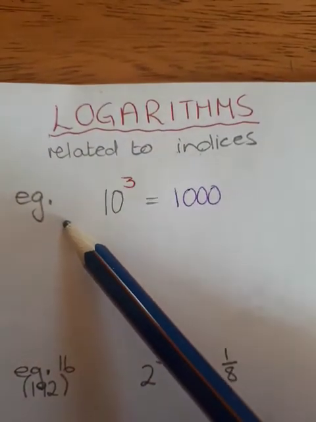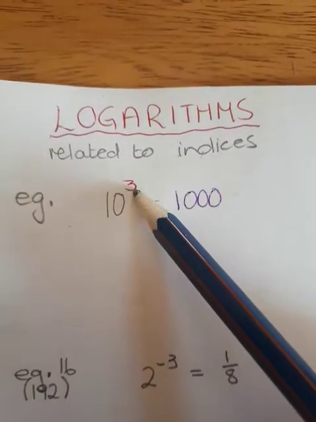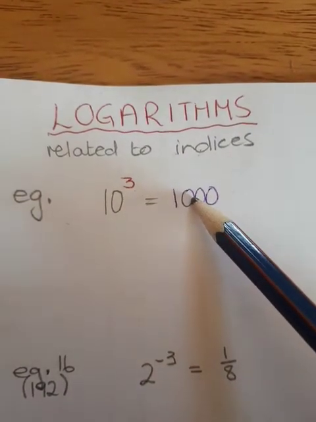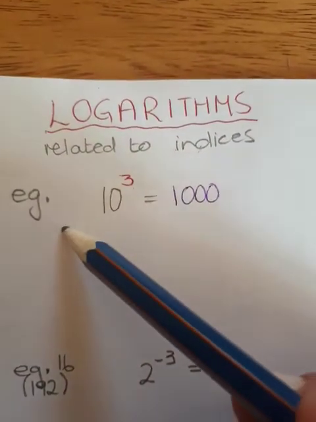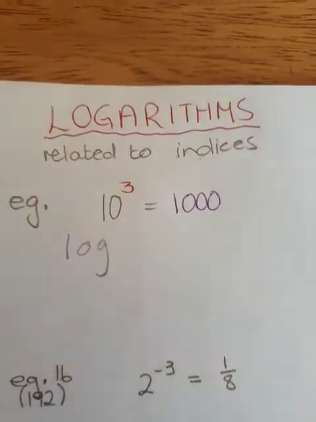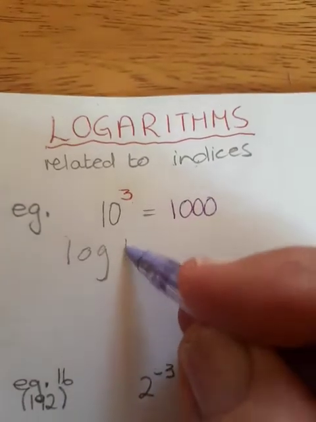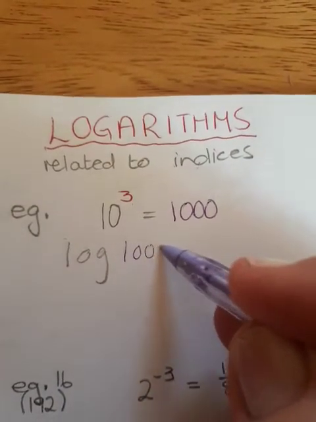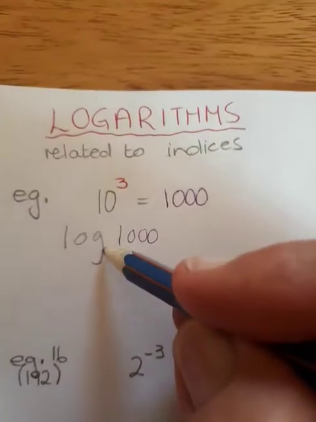So if we look at this example, you've got 10 to the power of 3, which equals 1000. If you would write that in a logarithmic form, then you would say log of 1000 with base 10.